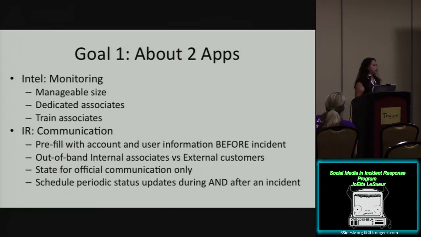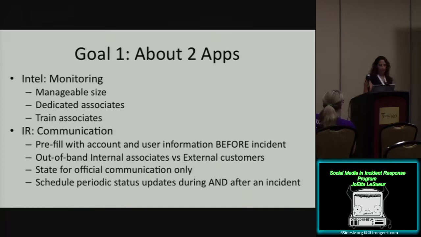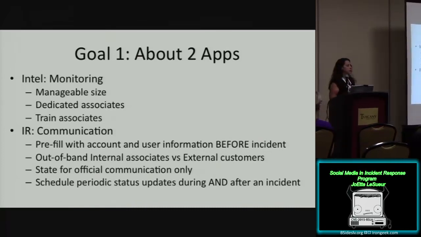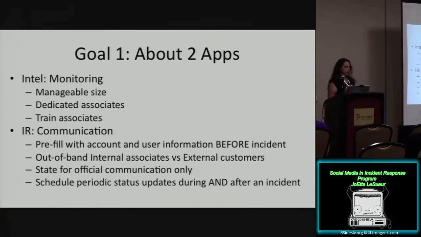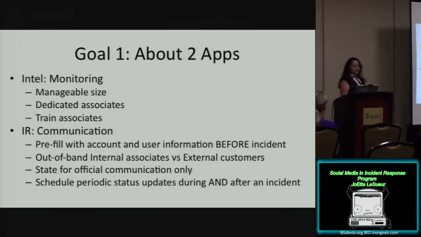From a communication standpoint, you can use social media. Set it up before an incident occurs. You want to pre-fill it with your account credentials and your predetermined list of users. This is critical if your email communication that you rely on every day might become compromised. Sony would be an example. Then you would have an out-of-band communication tool ready to use as long as you've already got it pre-configured.